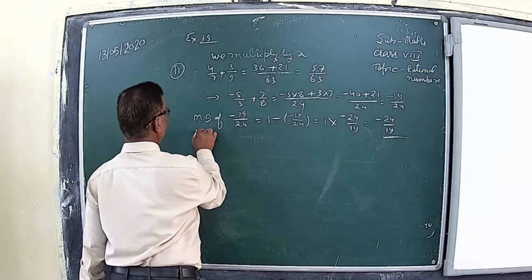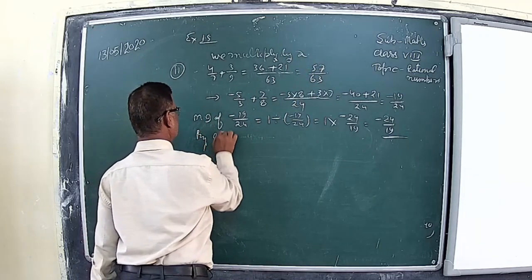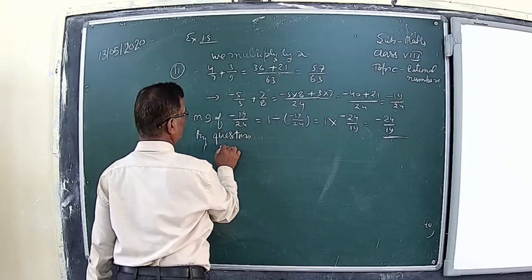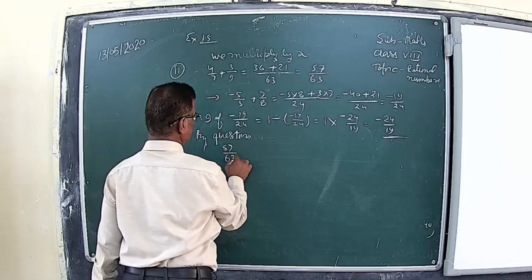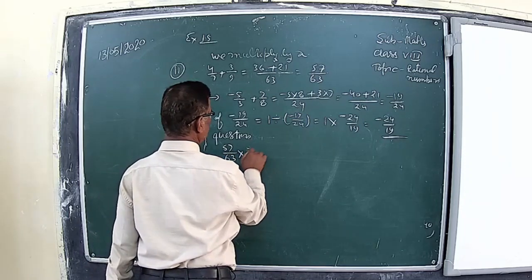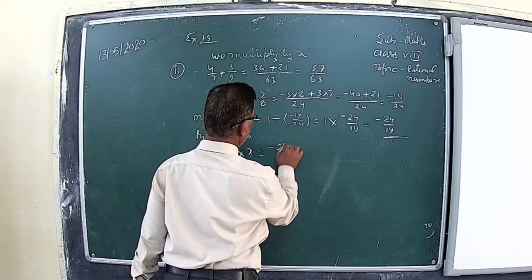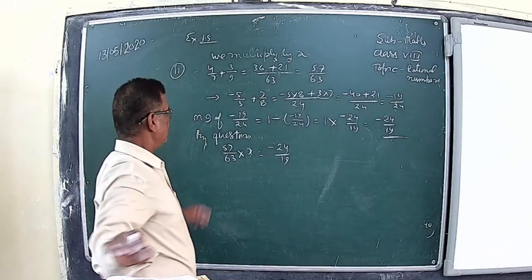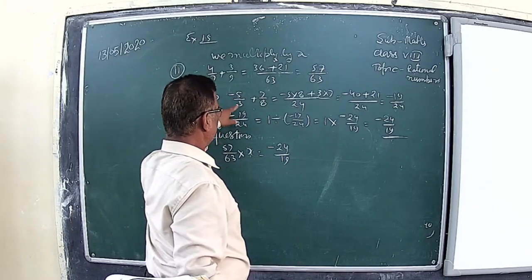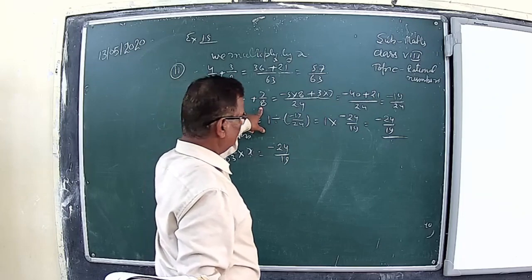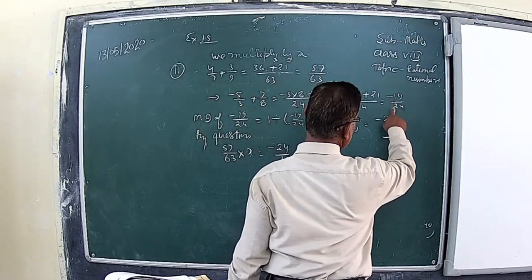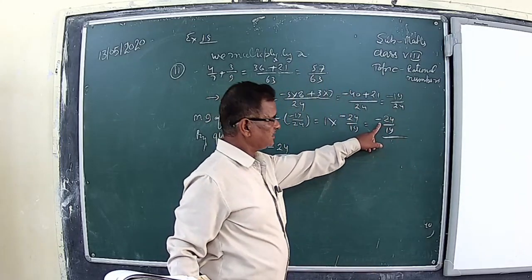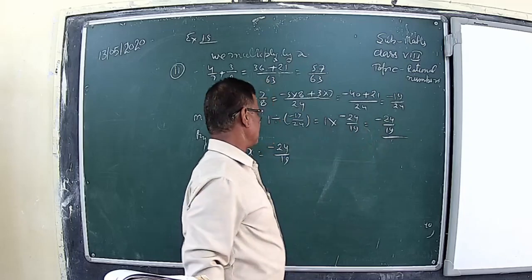Then by the question, 57 by 63 into x is equal to minus 24 by 19. The multiplicative inverse of minus 5 by 3 plus 7 by 8, that is minus 19 by 24, is minus 24 by 19.